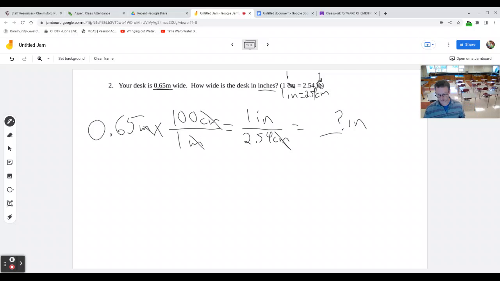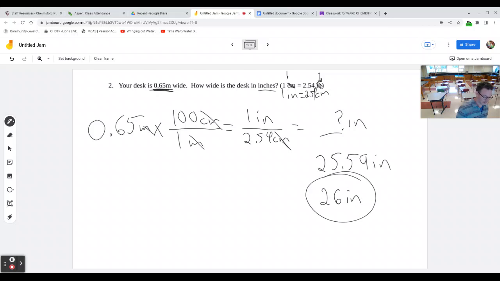I'm left with inches. And then I multiply across 0.65 times 100, and then divide it by 2.54, and I get 25.59 inches, which if I go back to my original measurement, it had 2 significant figures, so I have to round off to 26 inches as my final answer using significant figures.